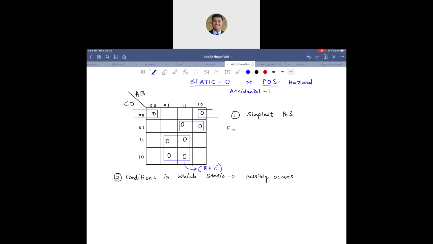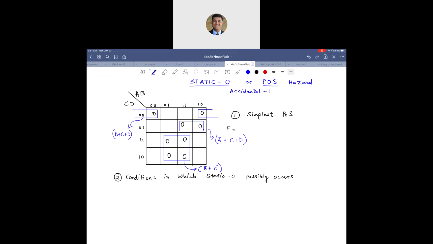okay, and then for this guy, what do you have? A is a 1, B changes, C is a 0, D is a 1. And then for this guy, you have B is a 0, C is a 0, D is a 0.